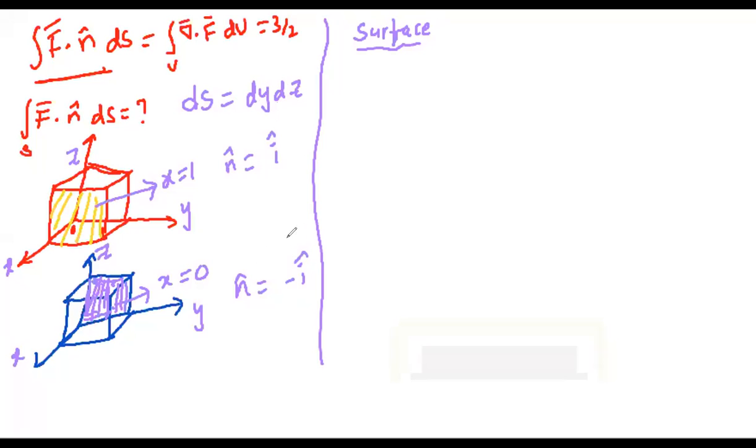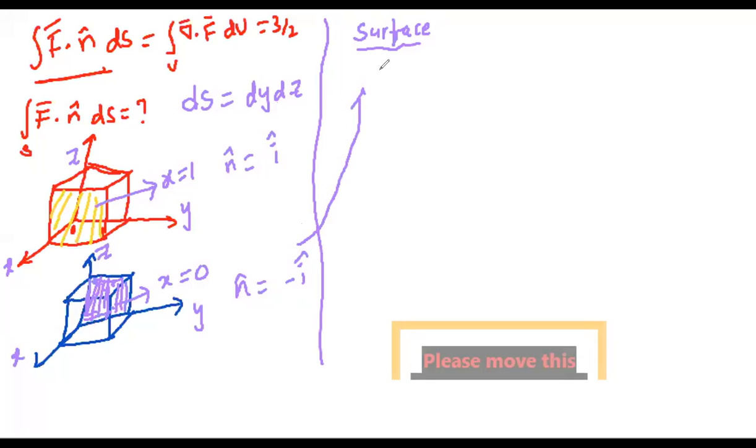So now I'm going to apply this to the first surface. I'll find F dot n. What is F dot n here? Tell me, dy dz, this I have to calculate.